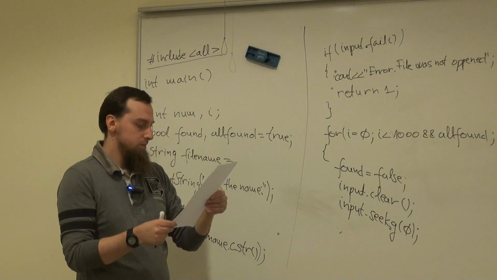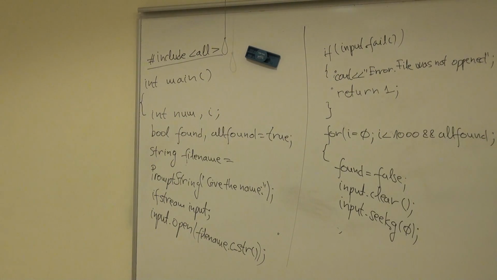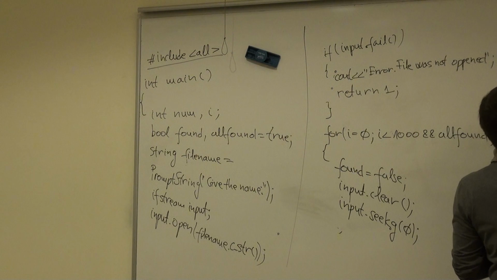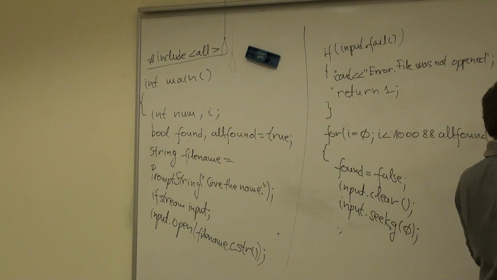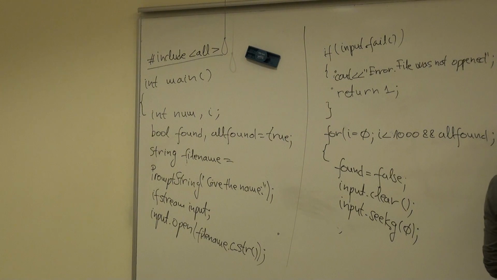And what should I do? I'm continuing here. I start with seekg(0), I go here. So I'm taking numbers up until what? So while I haven't found what I'm looking for, so if not found, and if there are numbers that I can take. How do I know that there are numbers?